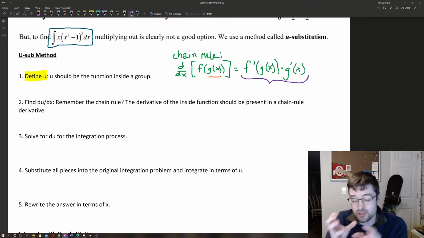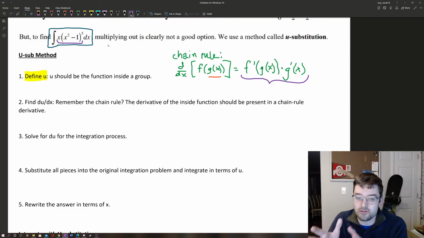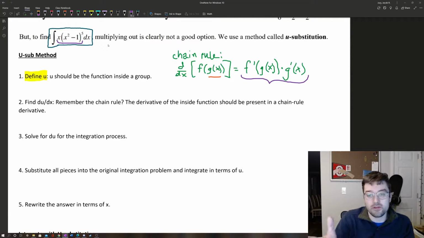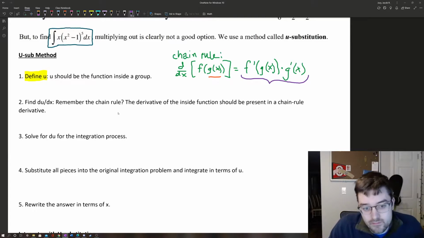We need to see the chain rule derivative in the integral in order to then put it back to just a composition of functions. So once we see that derivative, then we can get it back to a composition of functions. So defining U is all about seeing it.